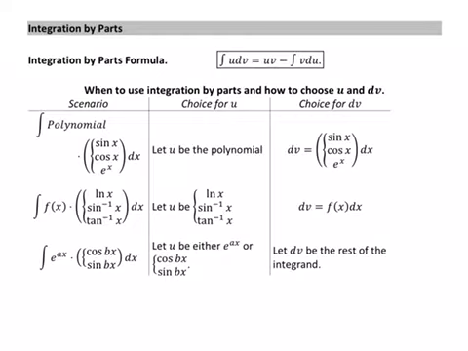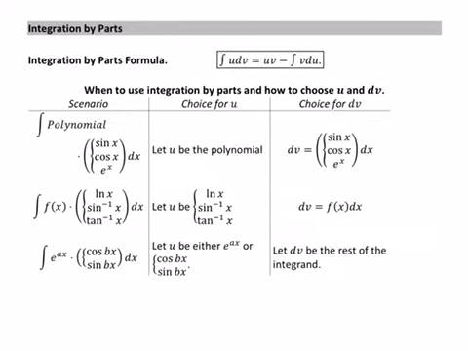Another situation is when you have some function, it can be a kind of a wild function perhaps, multiplied by an inverse function. Actually, the inverse of a trig function or an exponential function. So if you have the natural log in an integral, the inverse sine in an integral, or the inverse tangent in an integral, chances are, but not necessarily, that you may need integration by parts.